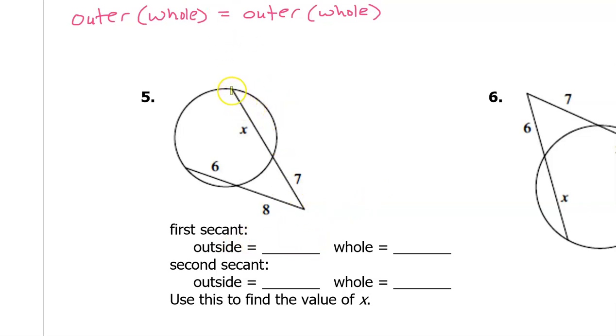So here is one secant line. And notice it has two parts to it. This is the outer part, which is 7. Now the whole is going to be x plus 7.